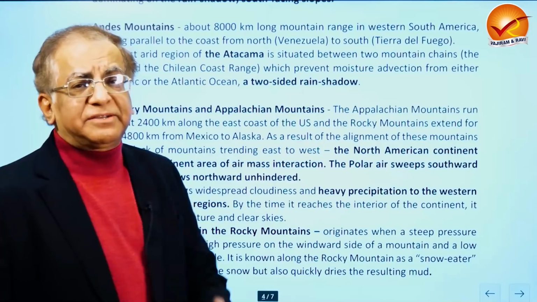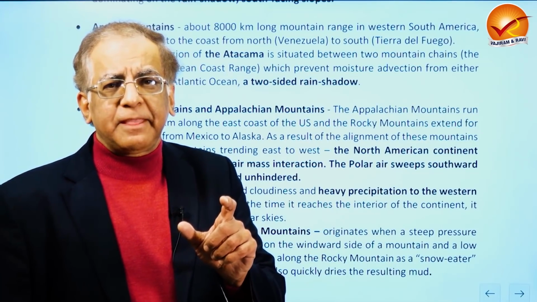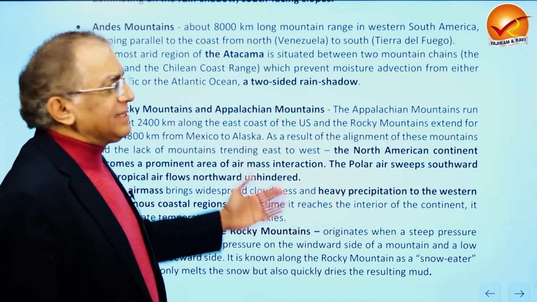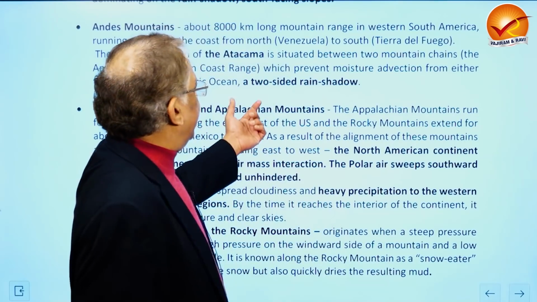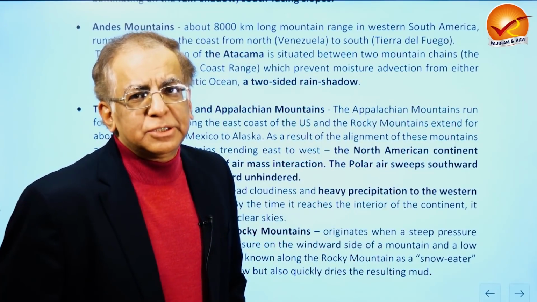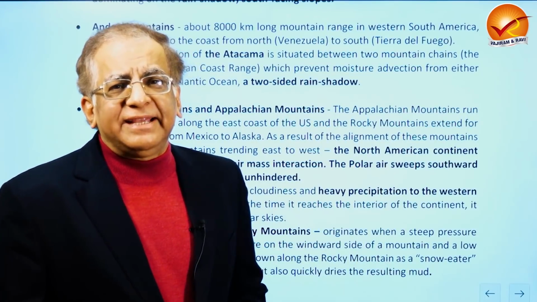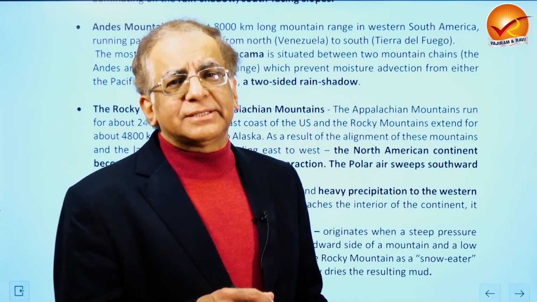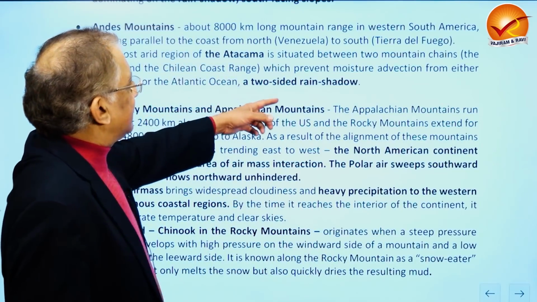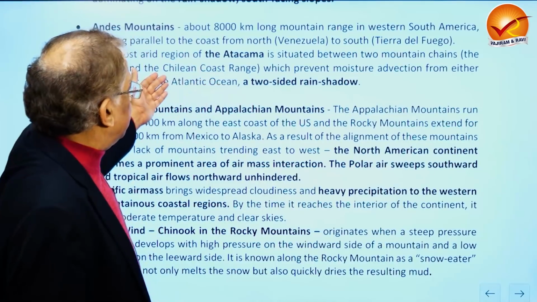Atacama is one of the driest deserts of the world, and it has something more interesting: it is a two-sided rain shadow. The driest parts of Atacama are sandwiched between two mountain ranges, one the Andes and the other on the coast, the Chilean coastal region.